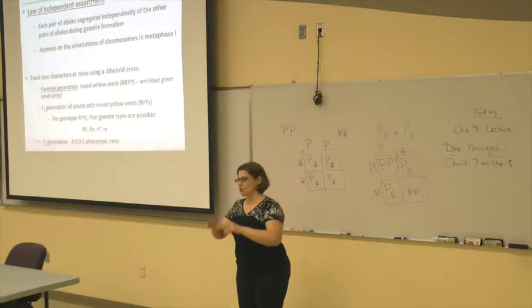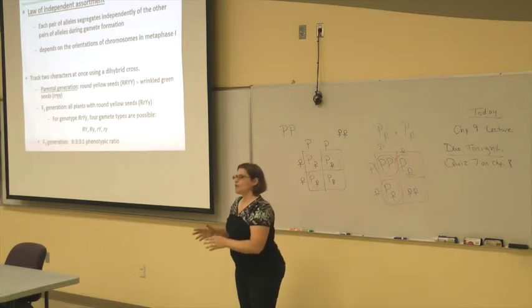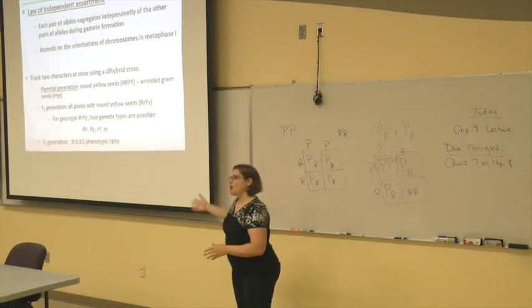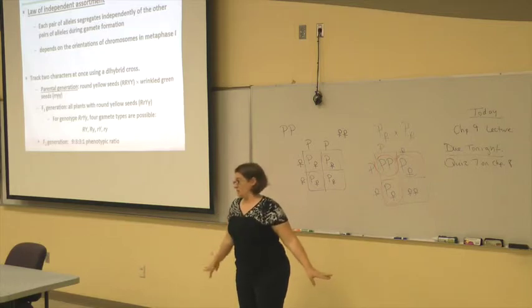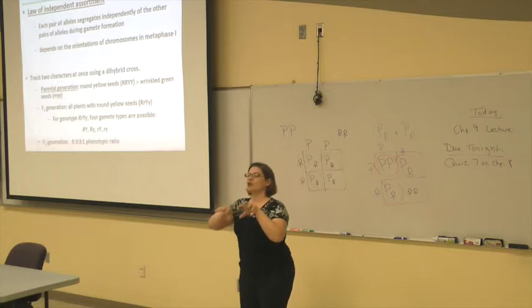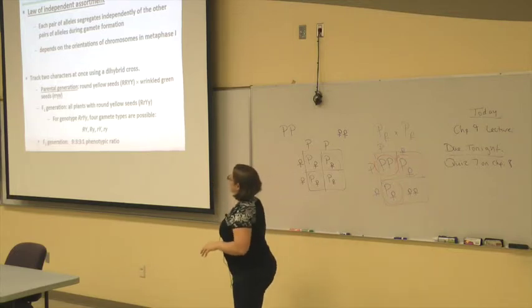So if you have two different traits, and you've got a dominant allele for one trait and a recessive allele for the other trait, this law assumes that those genes are not linked in any way. They separate from each other independently, independent assortment.